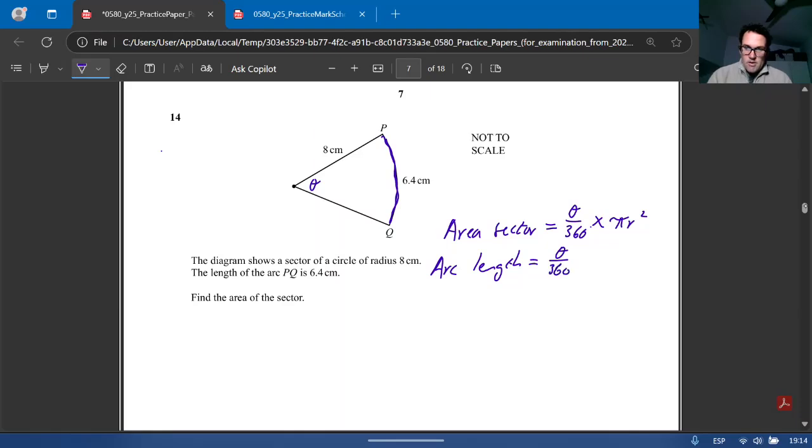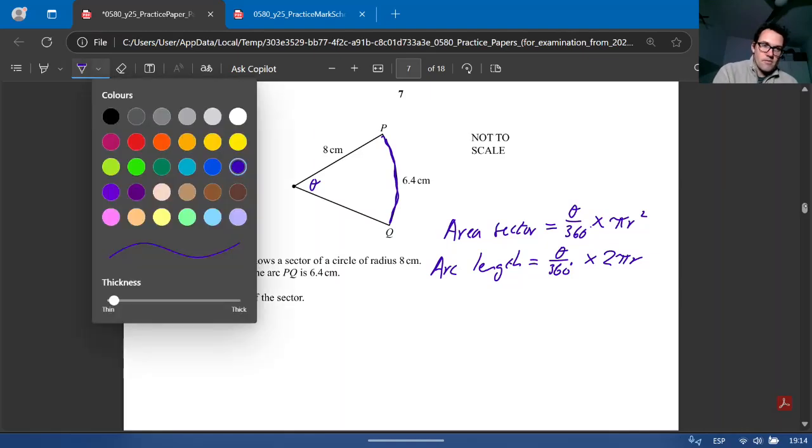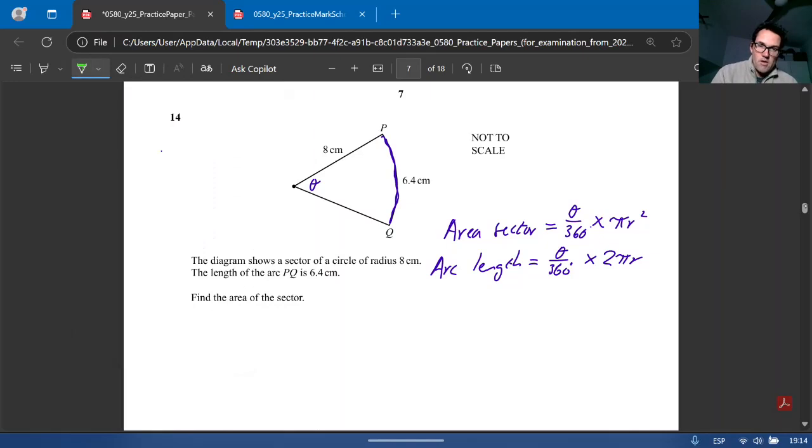So the angle over 360 times, and now because we're talking about circumference, you can do pi d, but better is 2 pi r because they usually give you the radius. Remember, this is part of a whole big circle. We can say this is a whole big circle. So that would be the radius. Very wonky circle. But anyway.